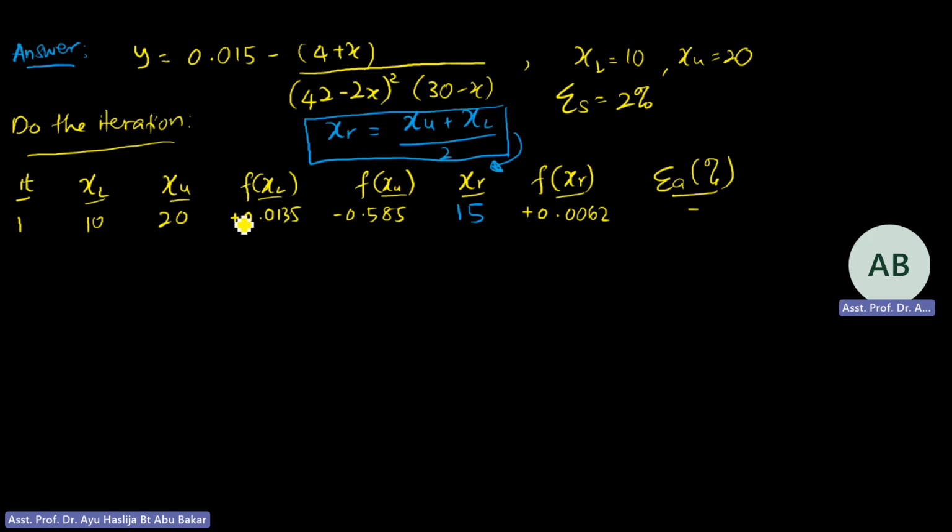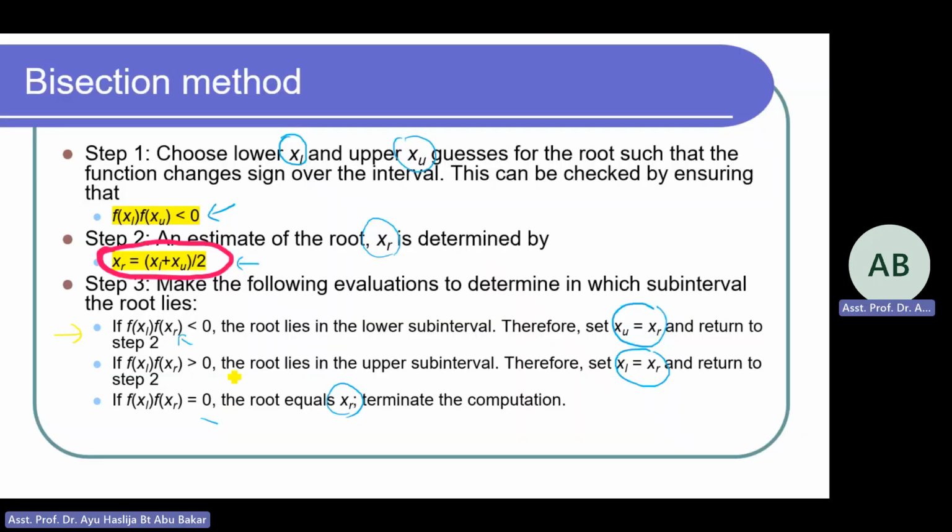Okay, now FXL and FXR, positive or negative? Multiplication, FXL multiplied by FXR. Positive, right? So positive, the XR will be the new XL.